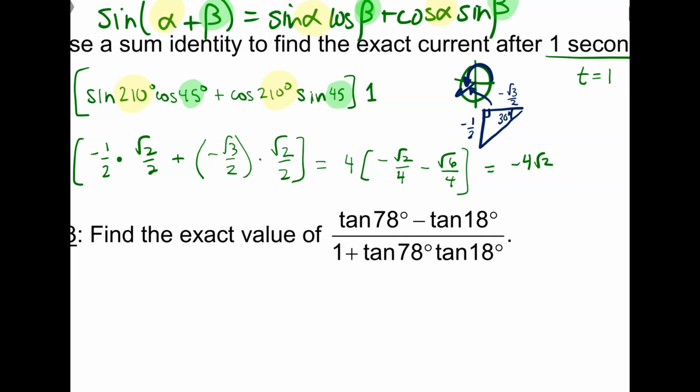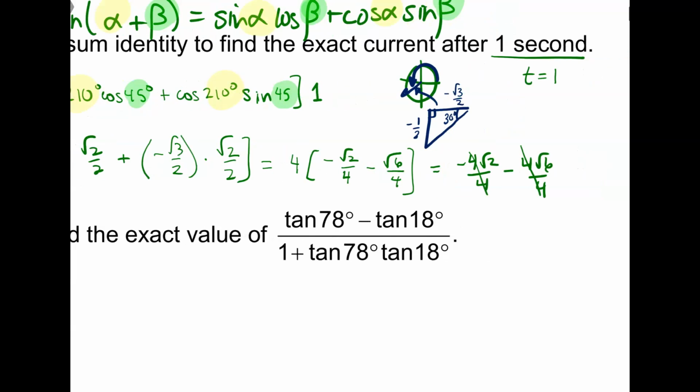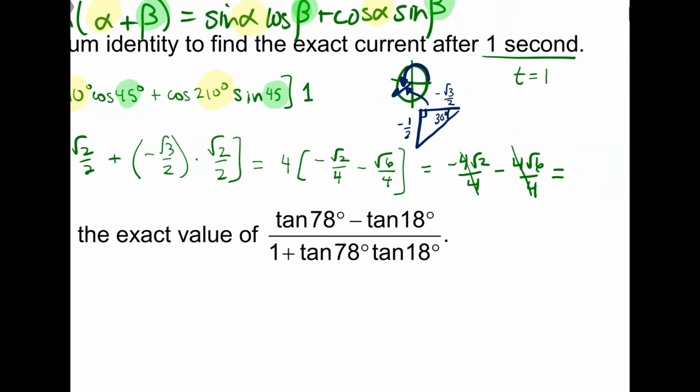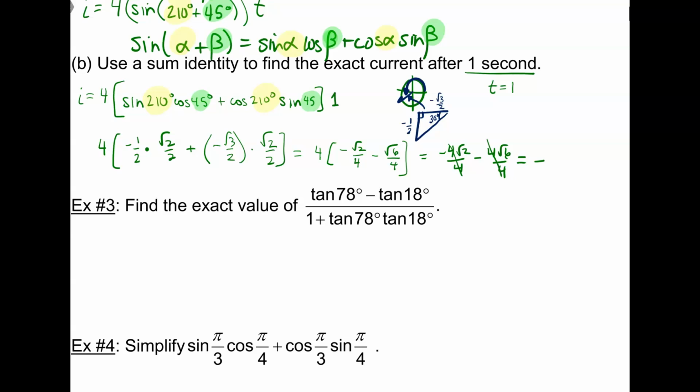Negative 4 root 2 over 4 minus 4 root 6 over 4. The 4's cancel out. I'm left with negative root 2 minus root 6. Perfect.